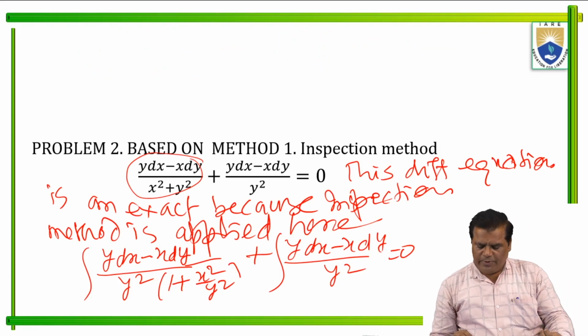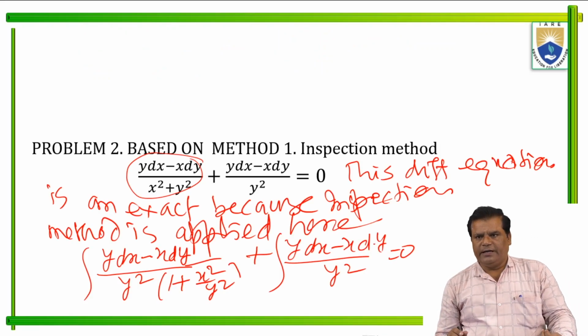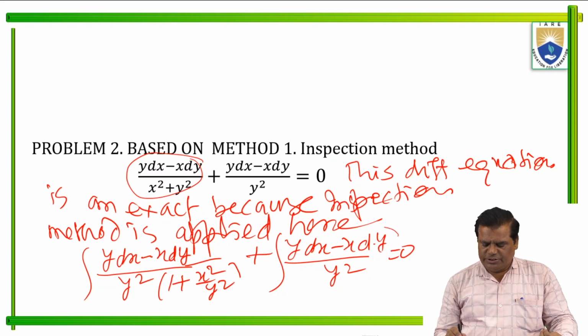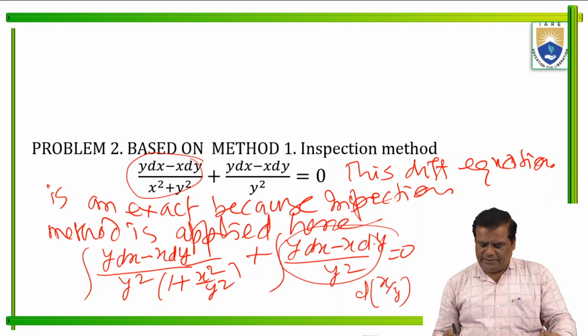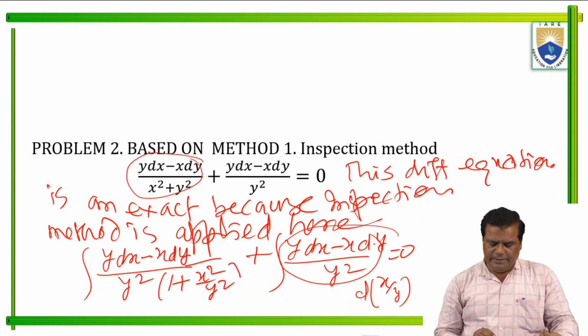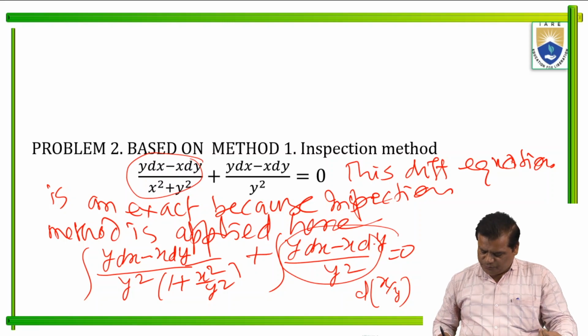Now this (y dx minus x dy) upon y square is the differentiation of x upon y, and this is also the differentiation of x upon y.